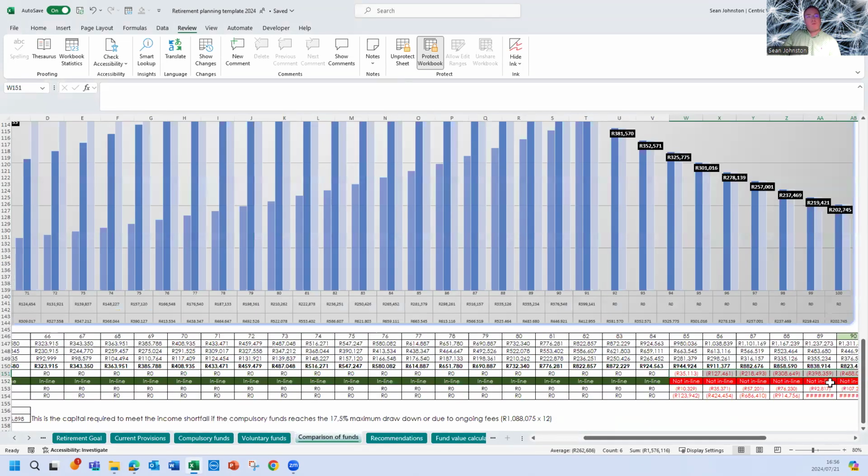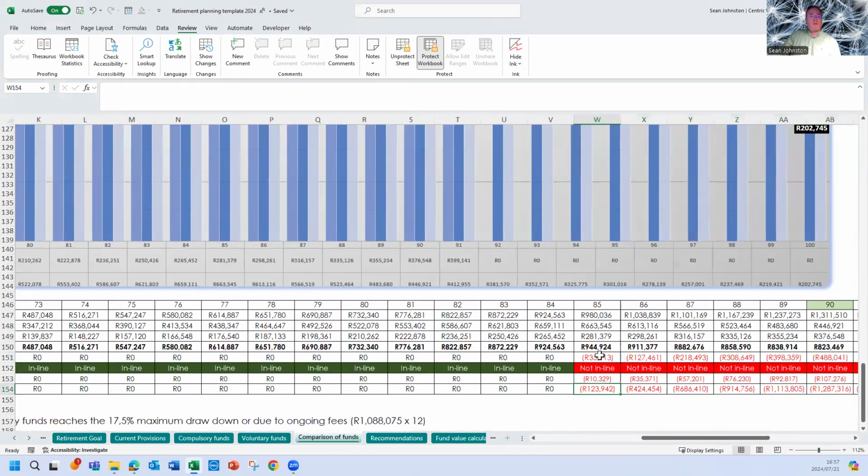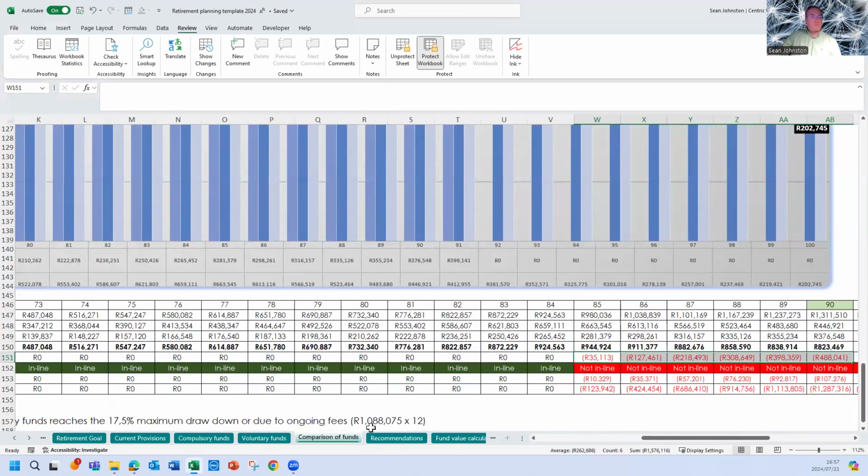You will have a shortfall relative to the cost of living at that stage, which I'm going to zoom in on, of 5 years. When he's 90, the money must be depleted or he must pass away. If there's any balance in the compulsory funds, it will be passed on to nominated beneficiaries.